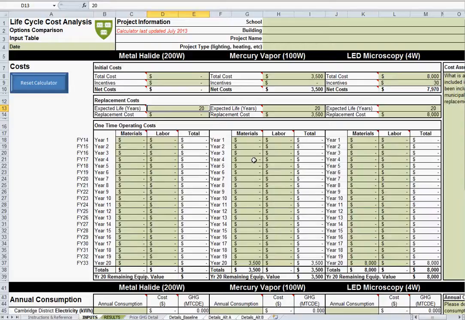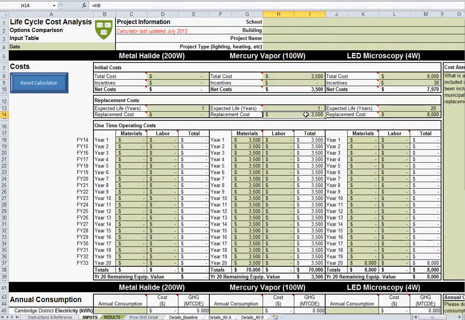So with that in mind, we actually have a 1-year life on these lamps for both the mercury vapor and the metal halide. Now, you'll see too, when I hit the mercury vapor, it automatically inserted $3,500, because that was the total cost, which is automatically duplicated here.